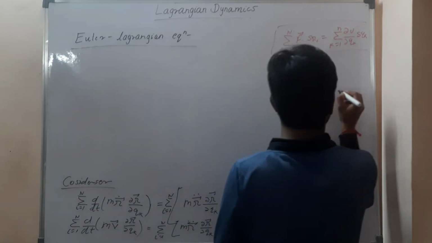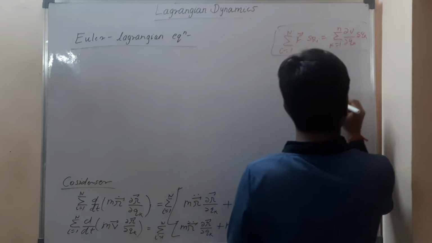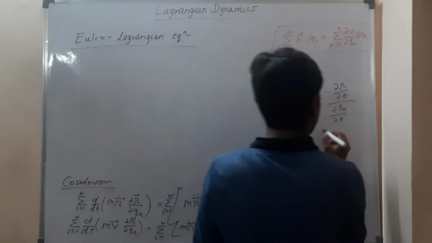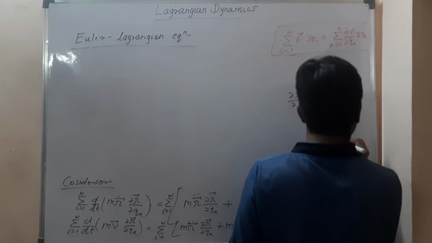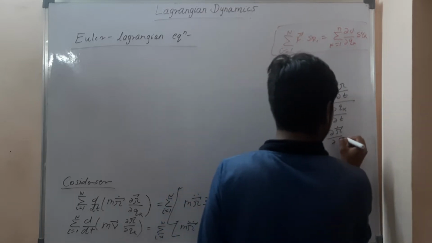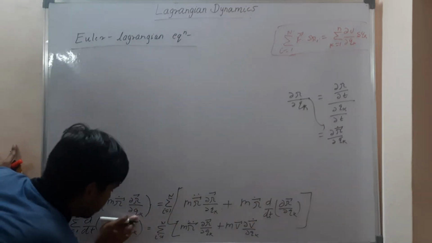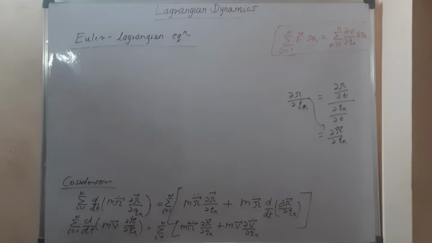So can I write this as ∂r by ∂t divided by ∂qk by ∂t, and this one I can write as r dot divided by ∂qk dot, sorry. So both are the same. Let me take it like that. So I can write like this, and here also like this.